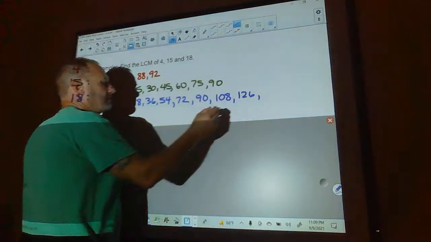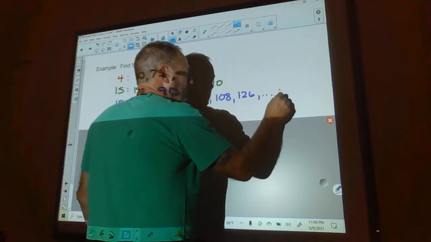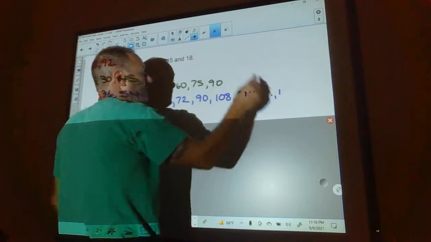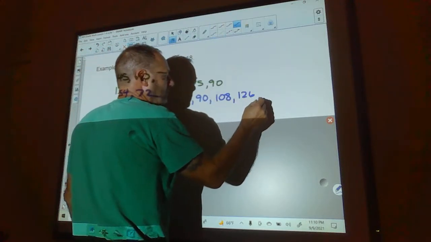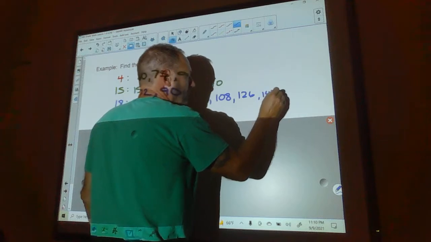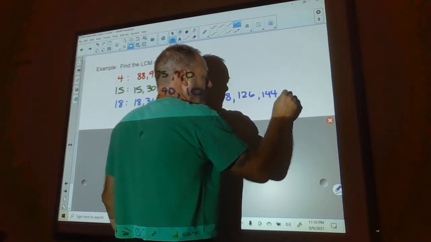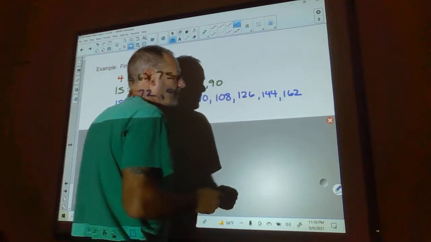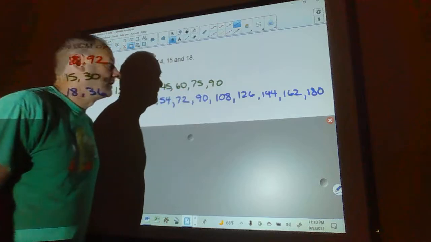I'm going to kind of skip some of these because I know it's not going to be in between there. Maybe I better do them. Okay, 126. After that, 18 more would be 144. 18 more would be 162. 18 more would be 180.